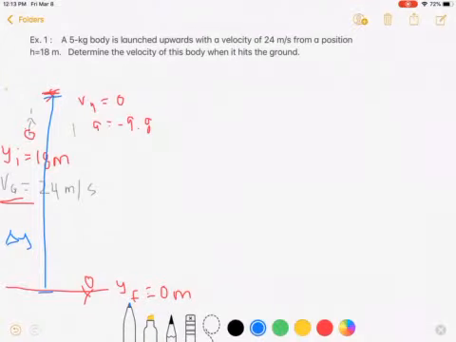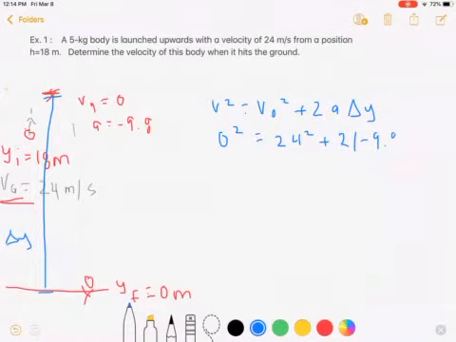So first we're going to look at the first part of our problem, type 3 freefall. We're going to use one of our big 4 equations: v squared equals v naught squared plus 2 times a times delta y. V at the max height is going to be 0. So I have 0 squared equals 24 squared plus 2 times negative 9.8 times delta y. 24 squared is 576.